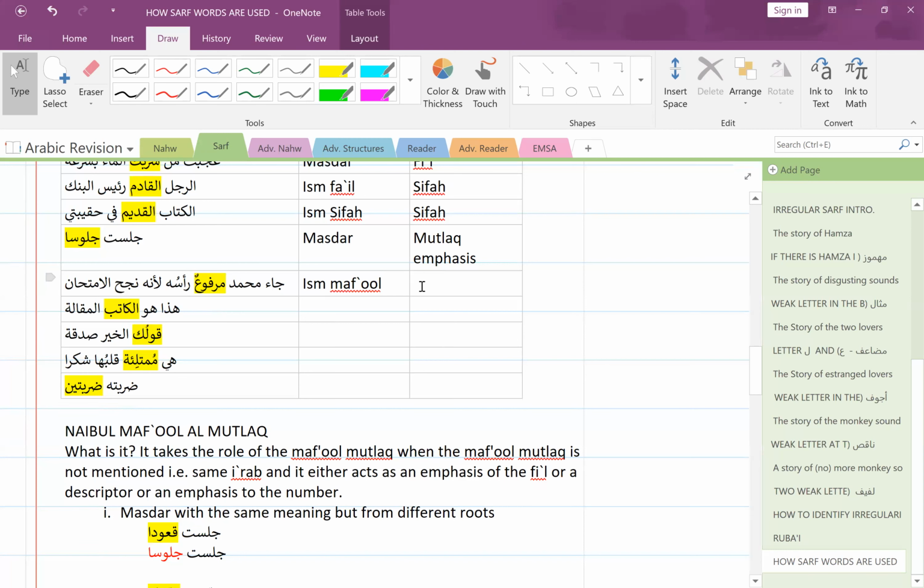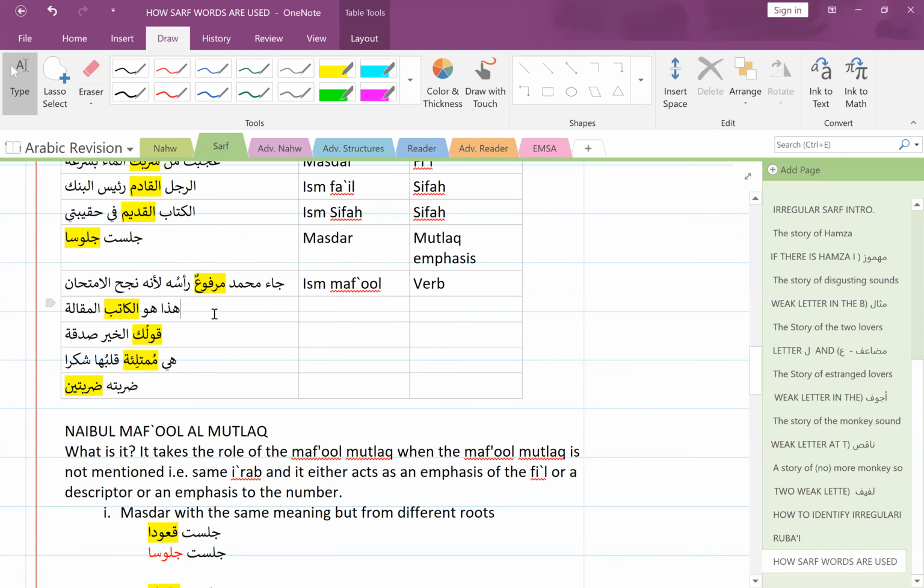Yes, it's acting as a فعل, because رأسه is the outside doer. So Muhammad came with his head raised, from رفع يرفع, to lift. Why? Because he passed the exams. So this one is acting as a verb in this case, and it's taking a فاعل, رأسه. There you can see.